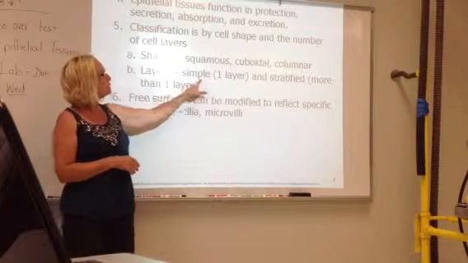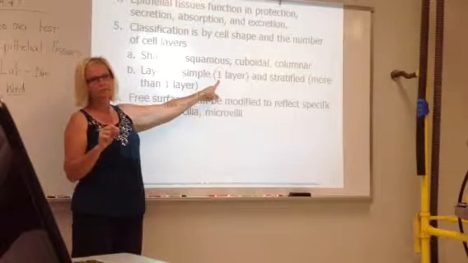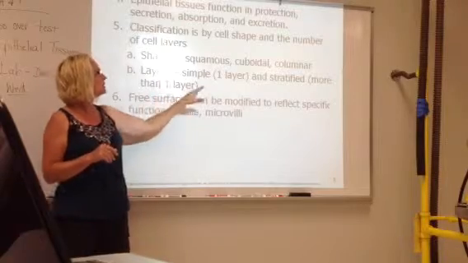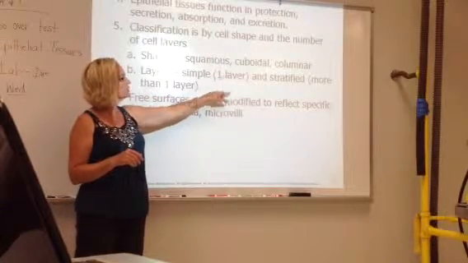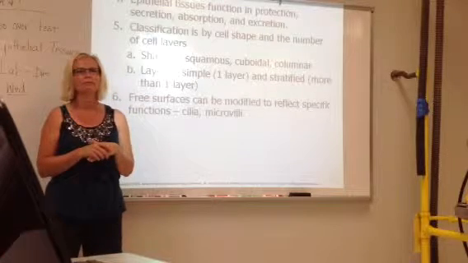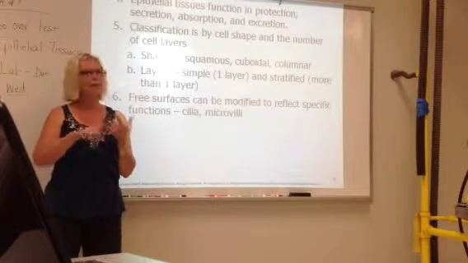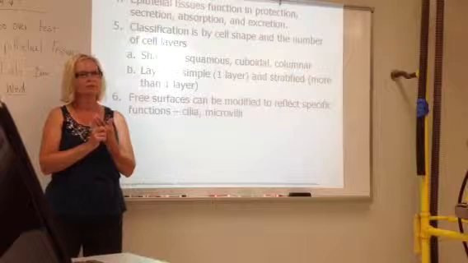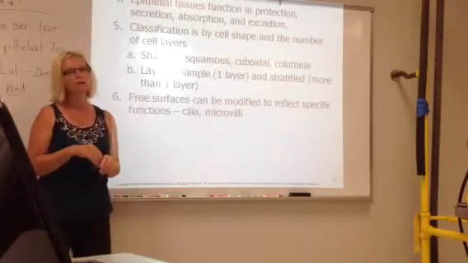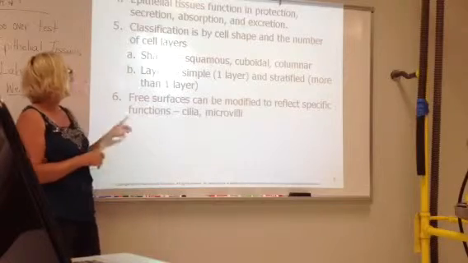Layers: simple means there's one layer. Stratified means there's more than one layer. So if I have something called stratified squamous, what can you tell me about that? It's flat and it has more than one layer. So those are going to tell you about the tissues.